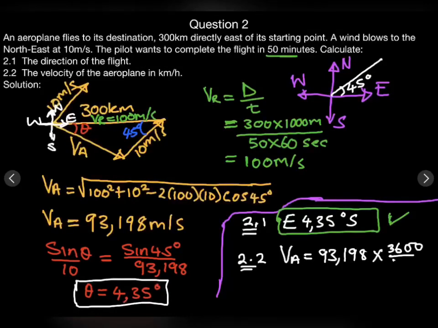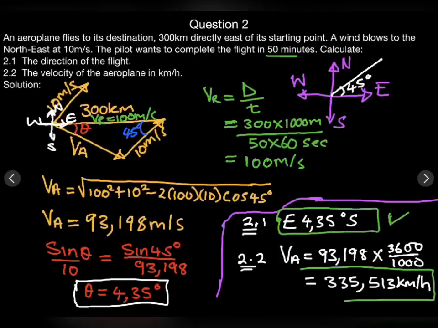We just have to multiply it by the ratio 3,600 over 1,000, which is 3.6. When you punch your calculator, you get 335.513 kilometers per hour. That is the second answer, which is what they're asking for.